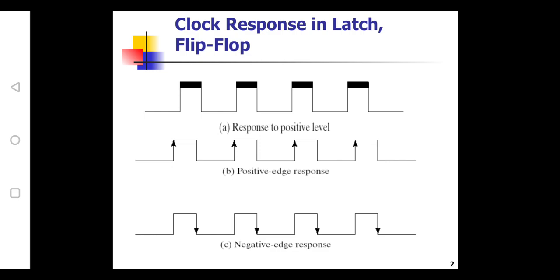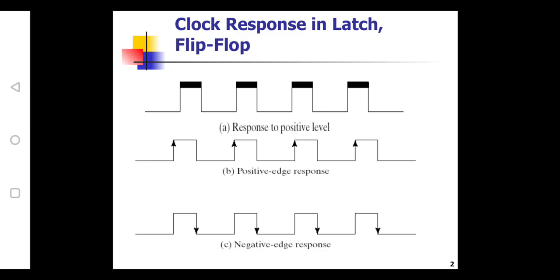Coming to figures B and C, they represent edge triggering, meaning the output is not going to change for the complete on or complete off period. Instead, the output changes either when the wave moves from low to high or from high to low.